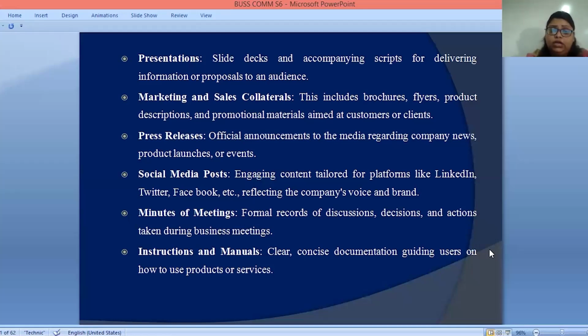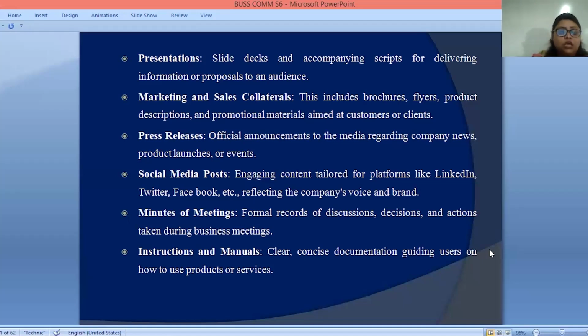We have to create persuasive information so that after going through the brochures and other promotional materials, the potential customer must go to the market and act to buy a particular product or service offering.